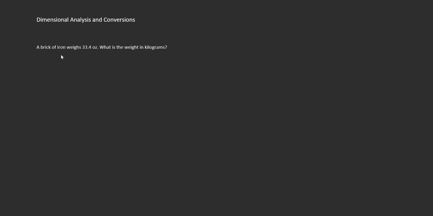So some conversion factors of use. 1 pound is equal to 16 ounces.